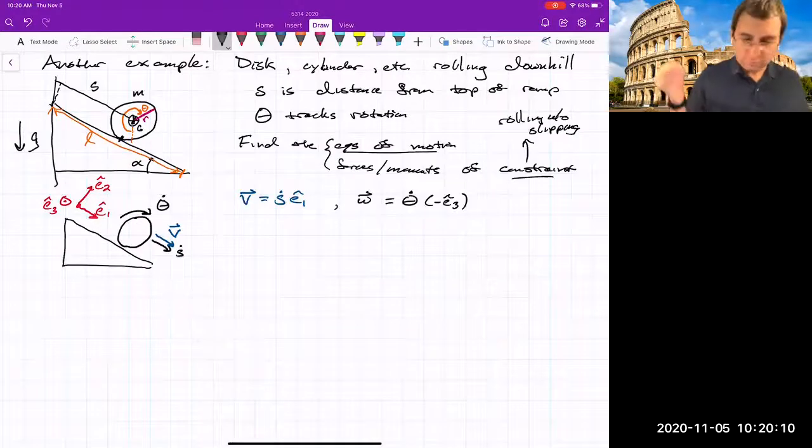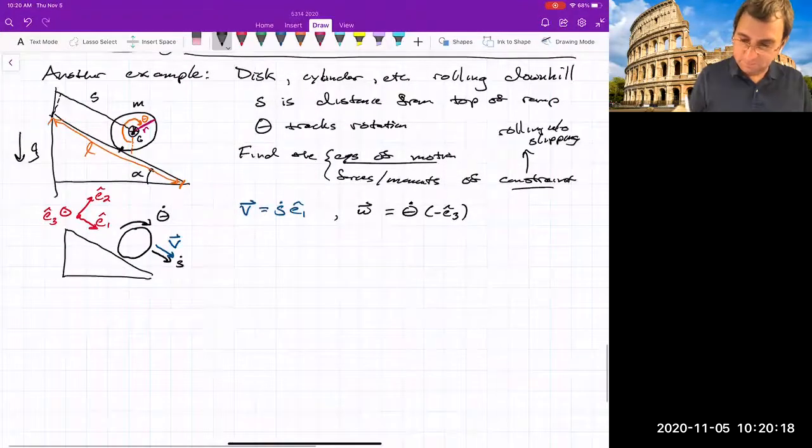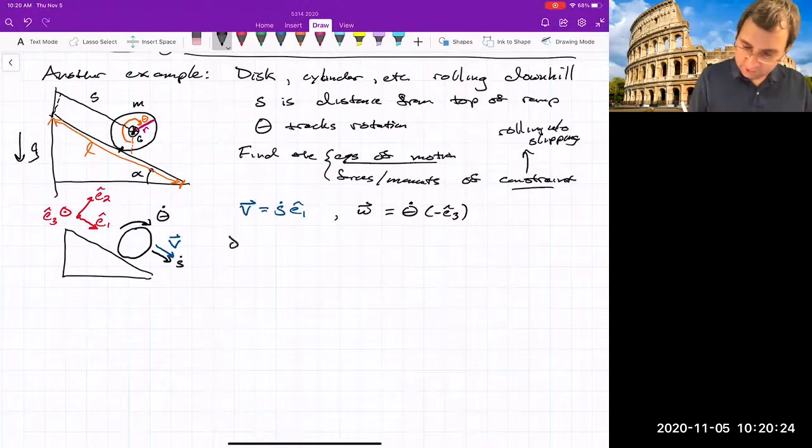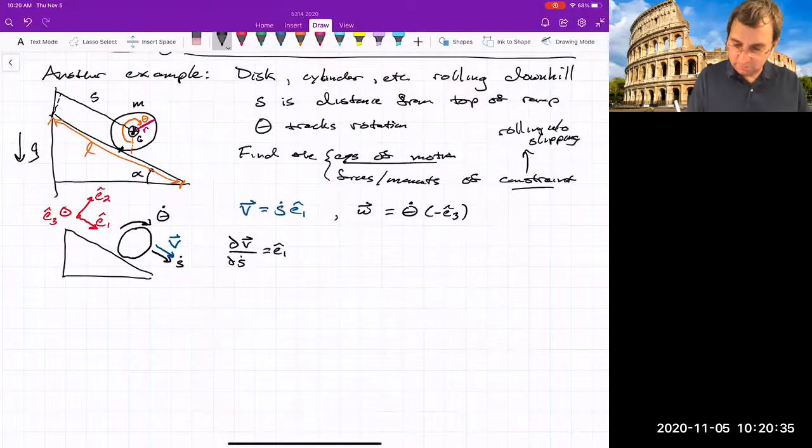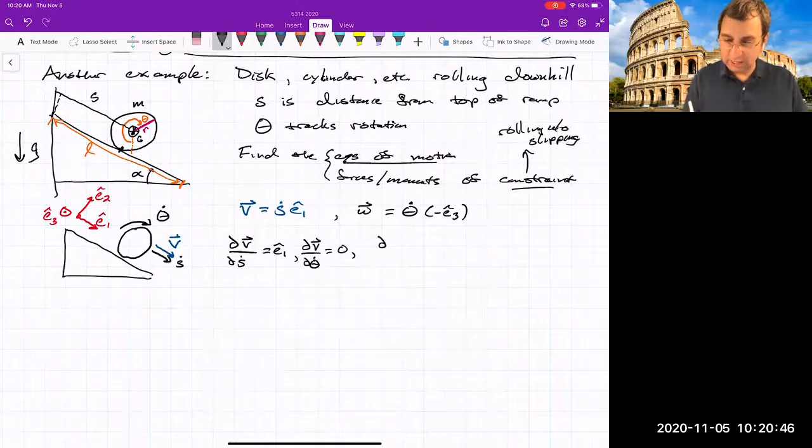I'm going to need those projection vectors. Remember those gammas or betas from above? If I write partial V, partial S dot, that's E1. And partial V, partial theta dot doesn't depend on theta dot, so 0. Those are the gamma vectors. What about the beta vectors?